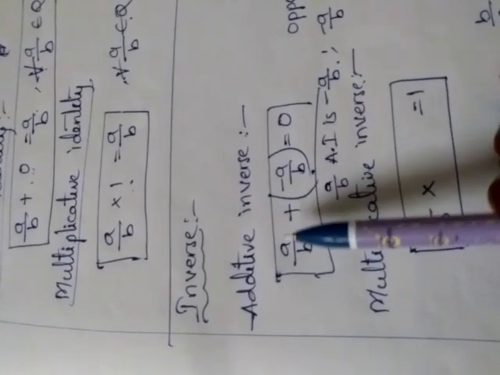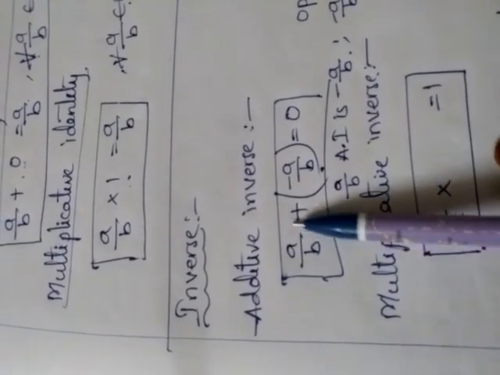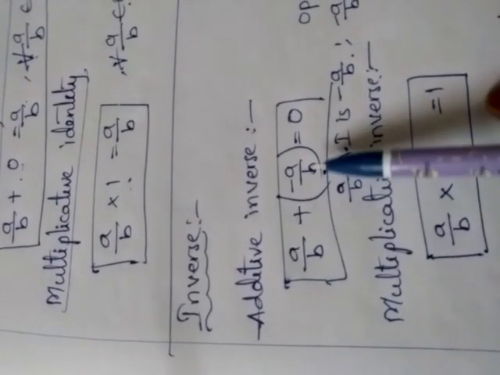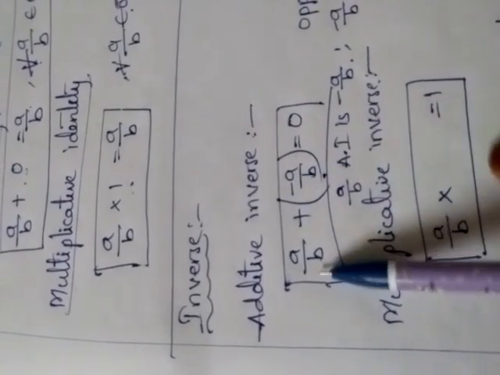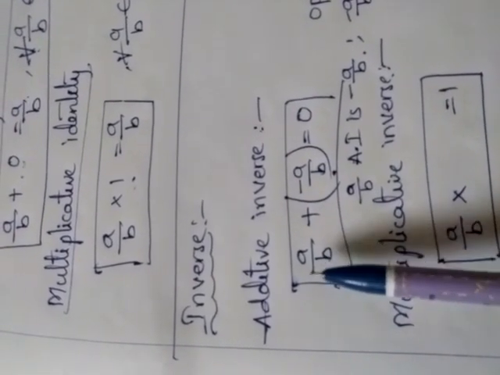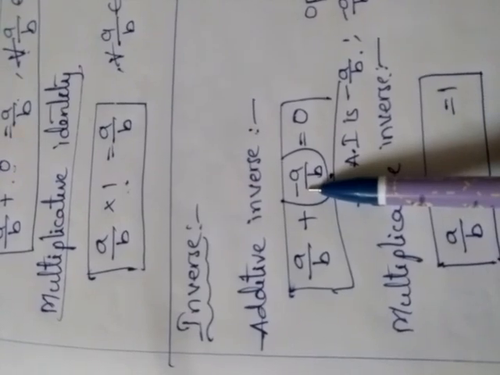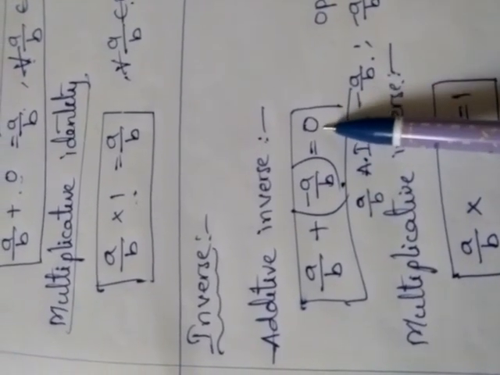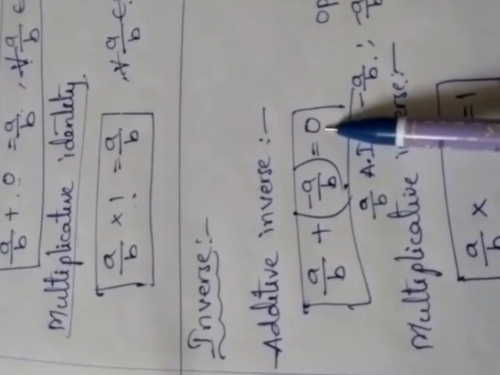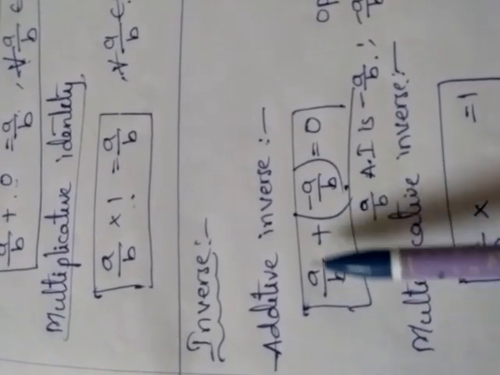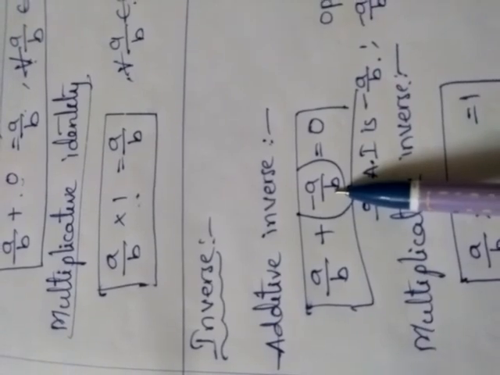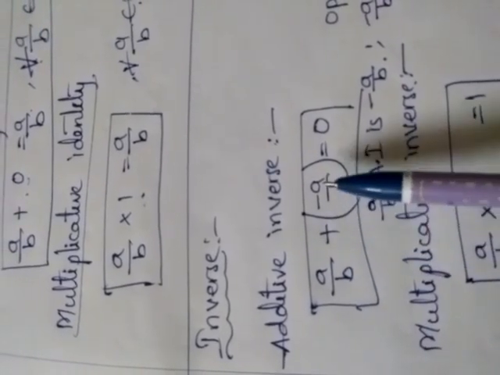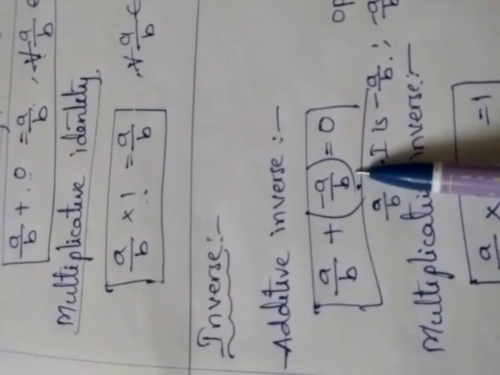When you are learning the inverse property, to any rational number you add the opposite sign. Here plus a by b is there, and the opposite sign is minus a by b. Added, the additive inverse property is satisfied. So a by b plus its opposite, minus a by b, gives 0. So minus a by b is the additive inverse of a by b.